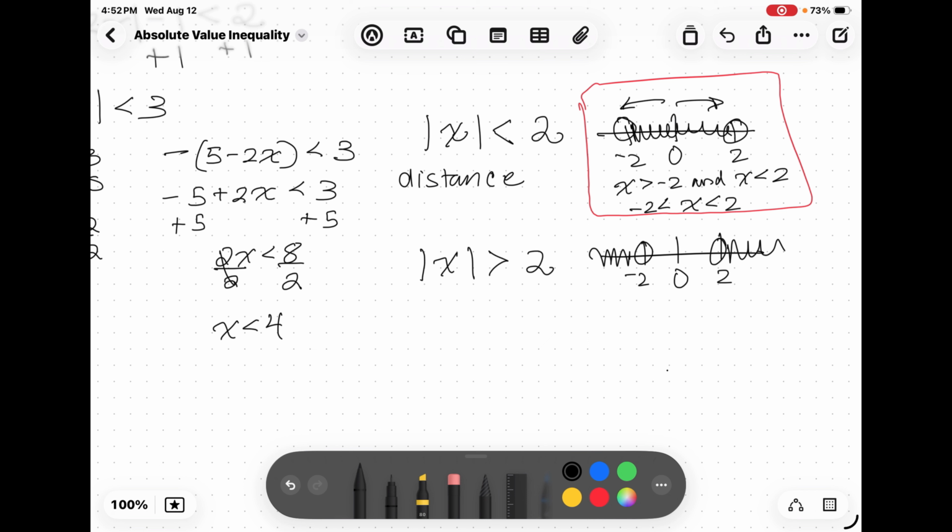And then here, I would say x is less than -2 or x is greater than 2. Now notice in this one I said and. In this one, I said or. Because the x's in here satisfy both. It's both less than 2 and it's greater than -2. X up here is one or the other. It's either this one or that one.